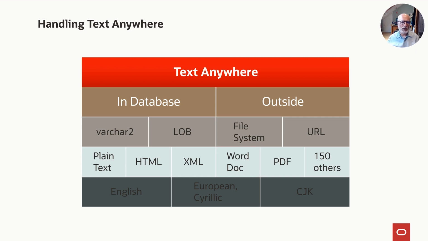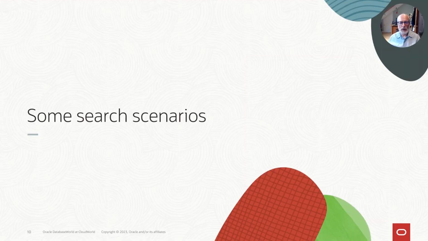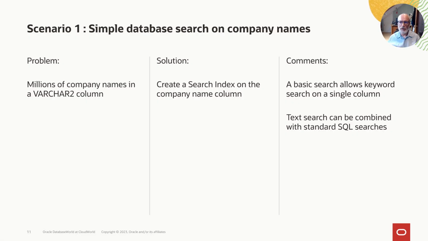Okay, so now we're going to look at three simple search scenarios, ways that you would use Oracle Text, reasons that you'd want to use Oracle Text, and the code necessary to actually do that. So the first scenario we're going to look at is one that many people will have come across. You've almost certainly got data like this in your database.